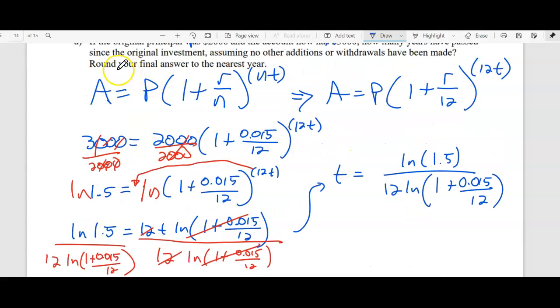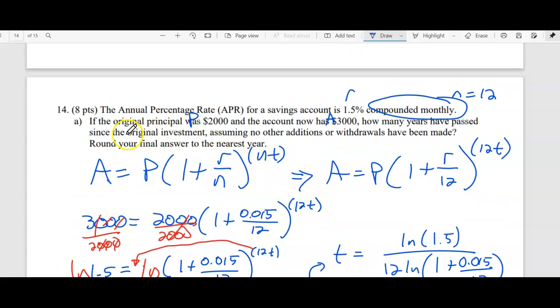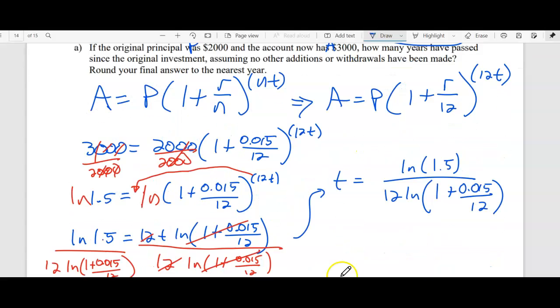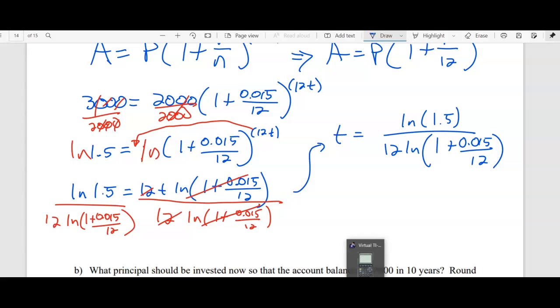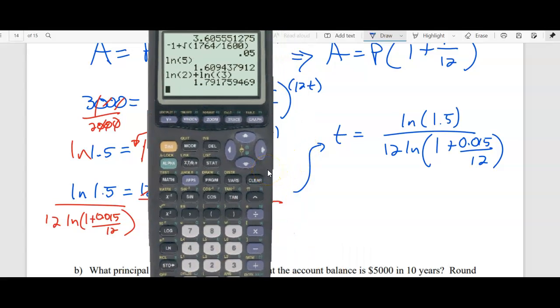Now we can go to approximate to the nearest year. And this is just how many years? How many years have passed? So we go to a calculator. Any basic scientific calculator will do. And we have natural log of 1.5, close parenthesis, divided by.